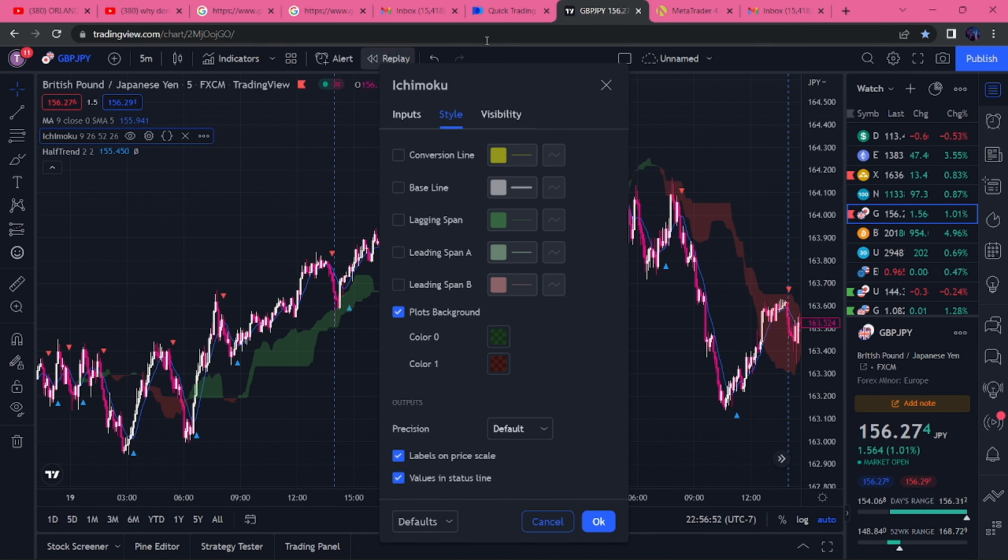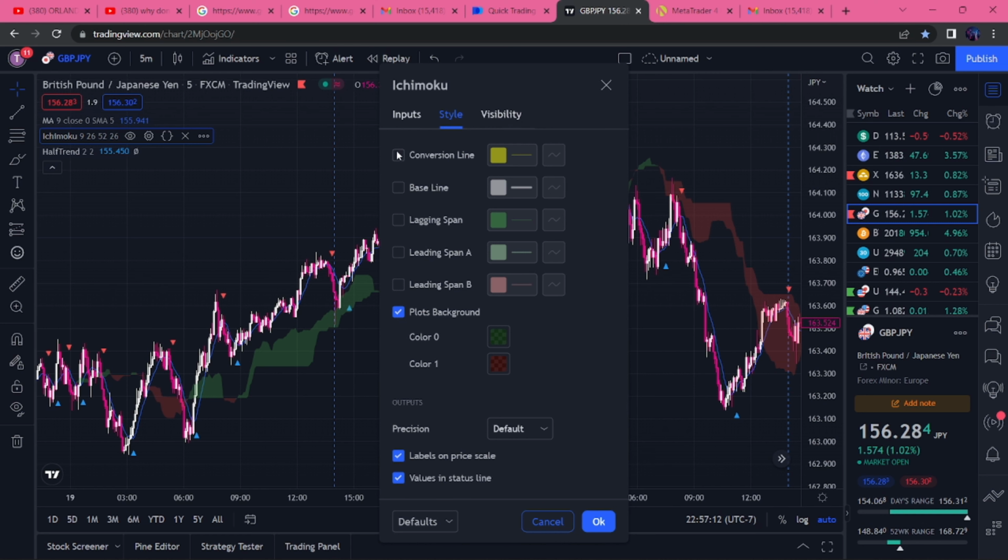Now, for this one, I don't remember what the basics are with the Ichimoku. I don't know what it looks like already, but basically you want to copy what you see here. If anything is different on your chart, just go ahead and copy it.